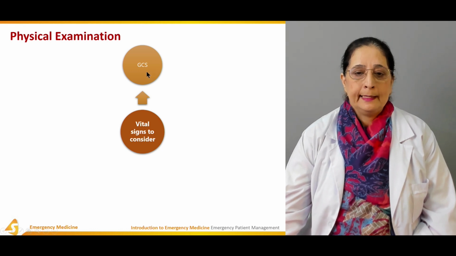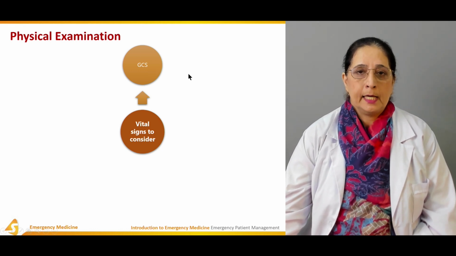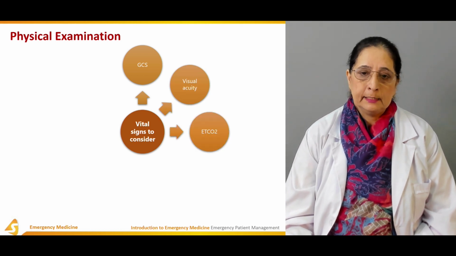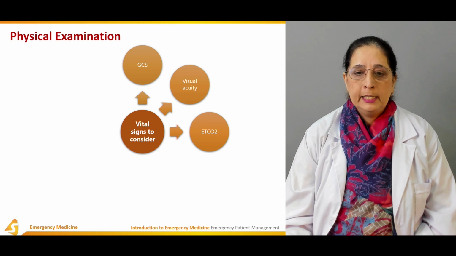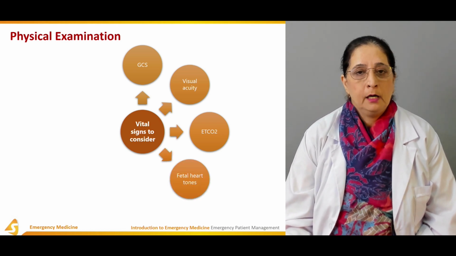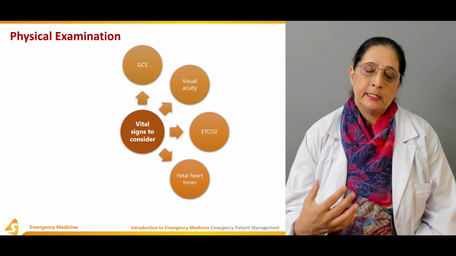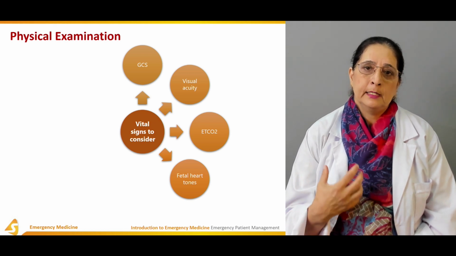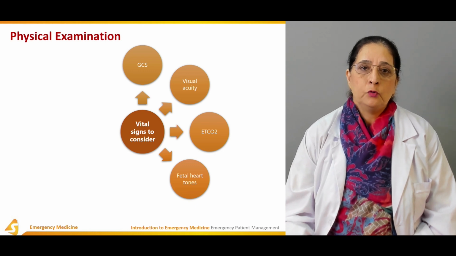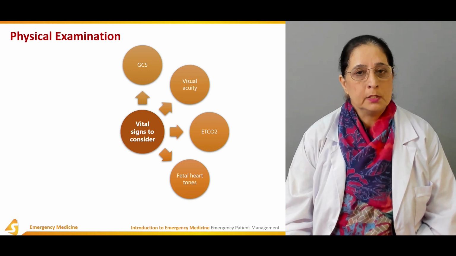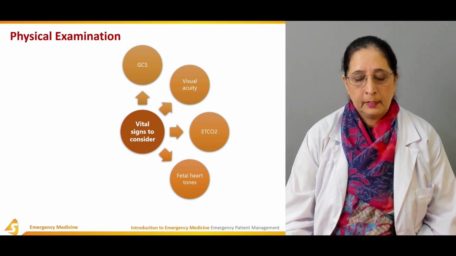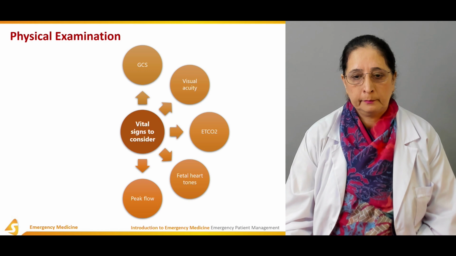Glasgow Coma Scale, another vital sign we should go for. Visual acuity, ETCO2, fetal heart tones in case the female is pregnant and visits the emergency room. Fetal heart tones are very important to monitor.